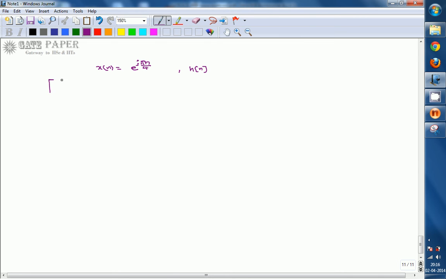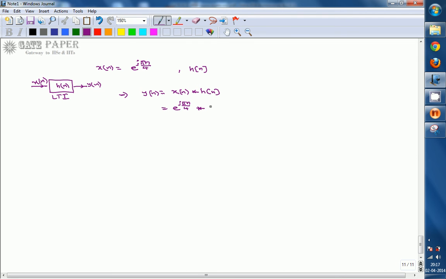We know that for a system with input x of n, impulse response h of n and output y of n, and given that the system is an LTI system, we can find the output y of n by taking the convolution between x of n and h of n, that is e power j pi n by 4 convolved with h of n.